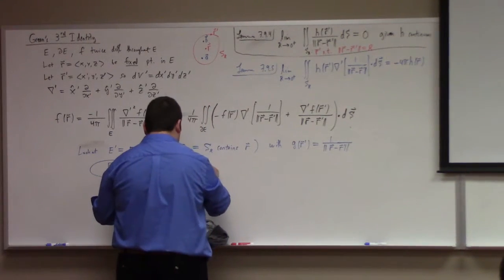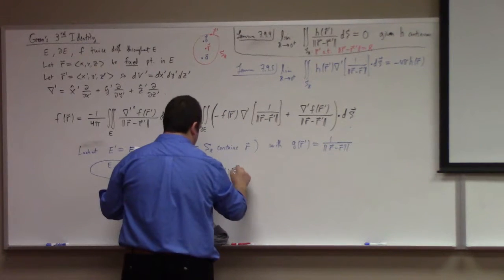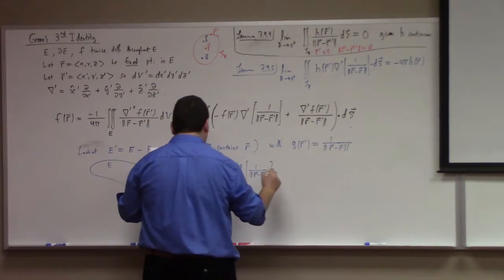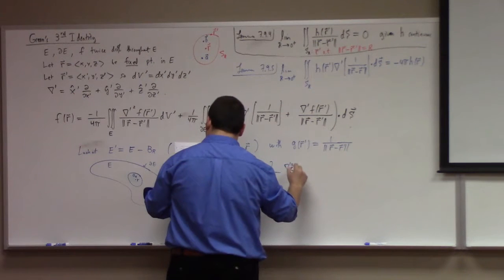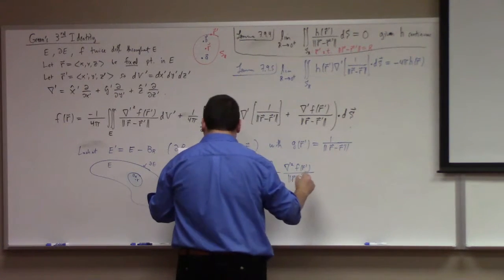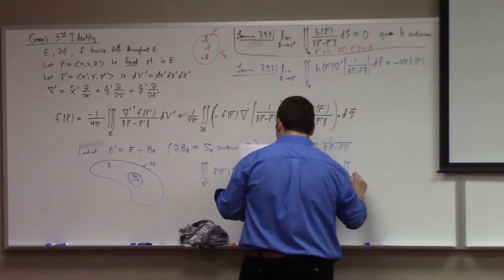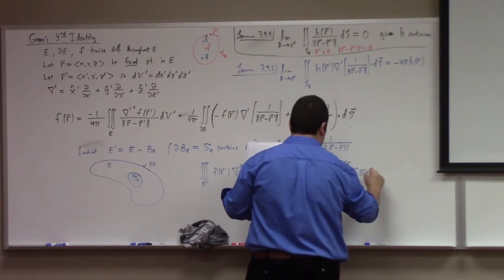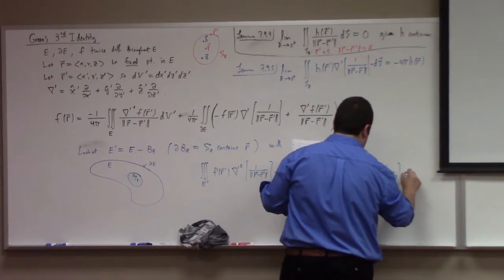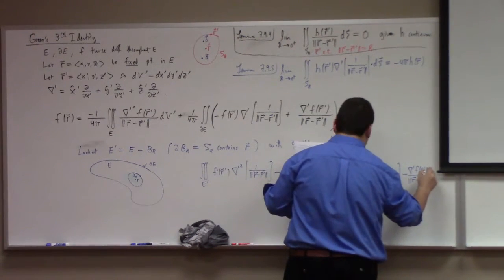So we have the integral over E prime of f of r prime Laplacian prime squared of 1 over the magnitude of r minus r prime, minus Laplacian prime squared of f of r prime divided by the length of r minus r prime, dV prime, is equal to the integral over the boundary of E prime of f of r prime nabla prime of 1 over the length of r minus r prime, minus nabla prime f of r prime divided by the length of r minus r prime, dot dS.